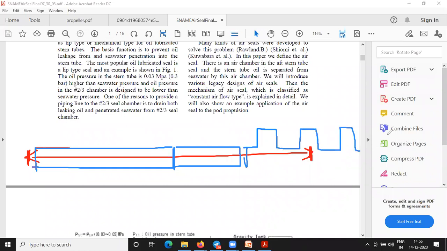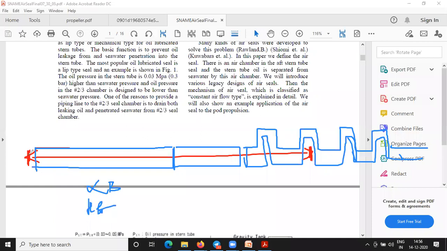So this is done during shipbuilding in the engine. First and foremost thing they will do is align this. And there are again different methods in this. One, they will use the laser beam. Second, they will use the height gauge.